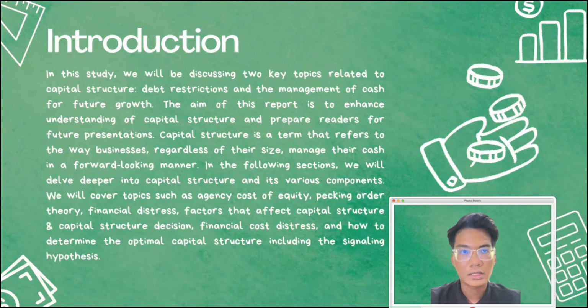In the following sections, we will delve deeper into capital structure and its various components. We will cover topics such as agency cost of equity, pecking order theory, financial distress, factors that affect capital structure and capital structure decision, financial cost distress, and how to determine the optimal capital structure, including the signaling hypothesis.